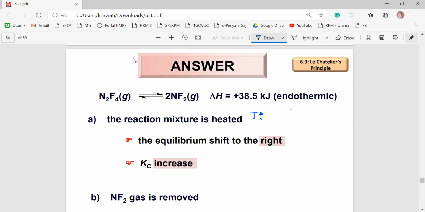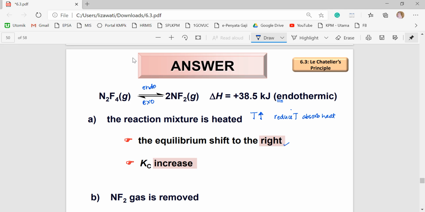For the endothermic reaction here, the forward reaction is endothermic and the reverse reaction is exothermic. When temperature increases, the system tries to reduce the temperature by absorbing heat. Therefore, it will shift to the right side, favoring the endothermic reaction.